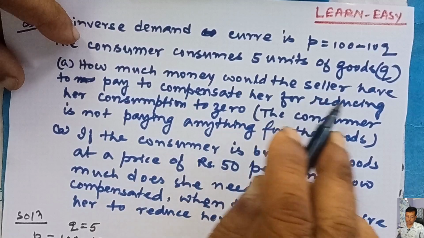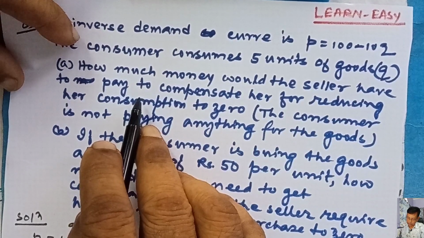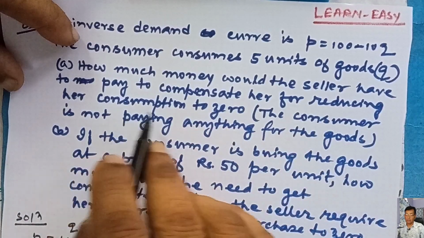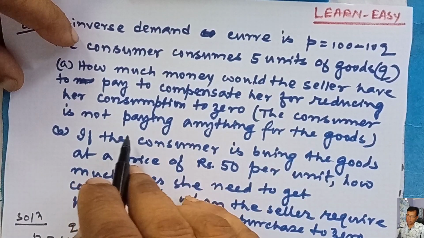How much money would the seller have to pay to compensate her for reducing her consumption to 0? The consumer is not paying anything for the goods.